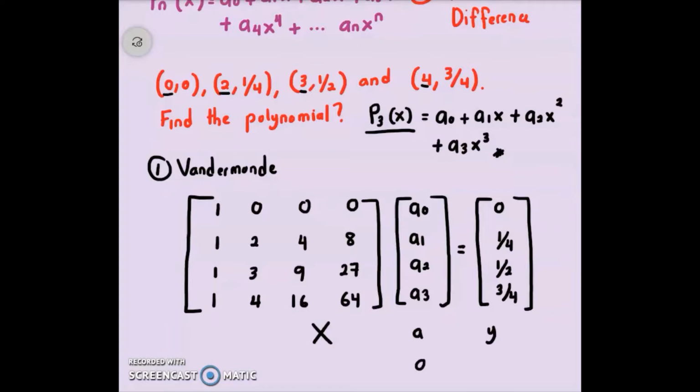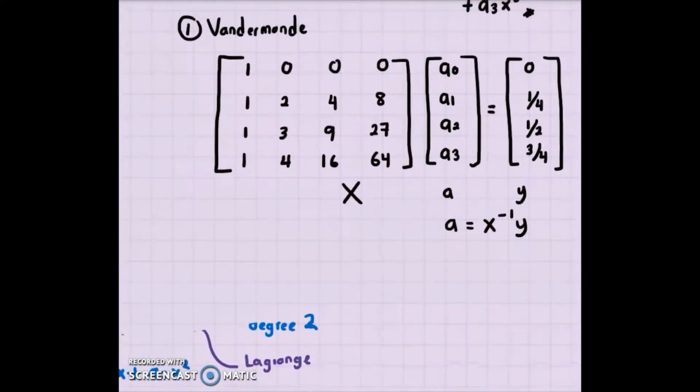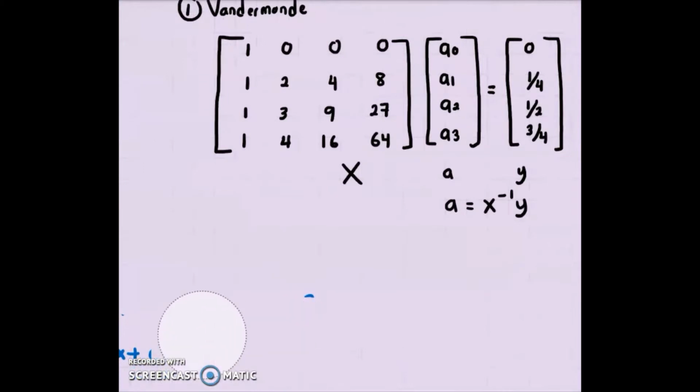Obviously you can find A by taking the inverse of X multiplied with Y. If you are okay with that, let's go on solving this. Let me erase all this. I use a calculator to get the inverse. So A equals X inverse Y.